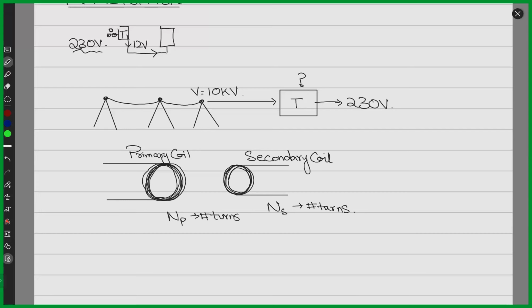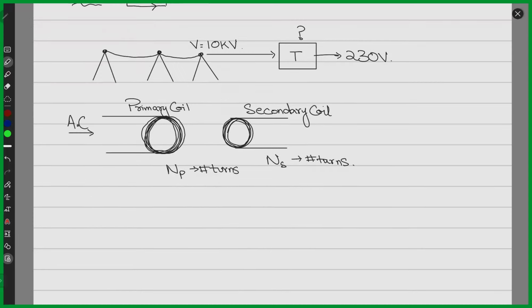Okay, now what happens is, you know that you're going to supply some alternating current through these coils. So let me just demonstrate that. So you're going to supply some AC current. When the alternating current is supplied through a primary coil, it's going to produce a changing magnetic flux into the secondary coil, right?